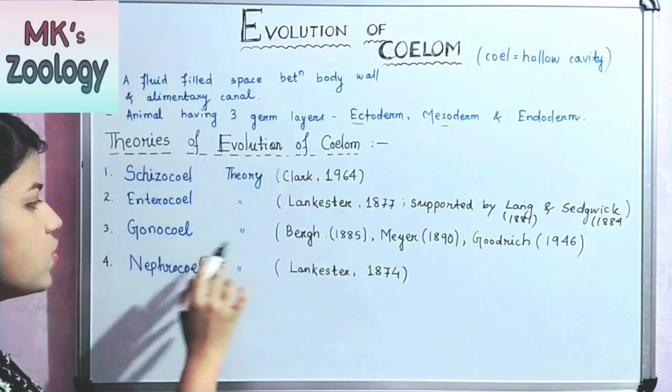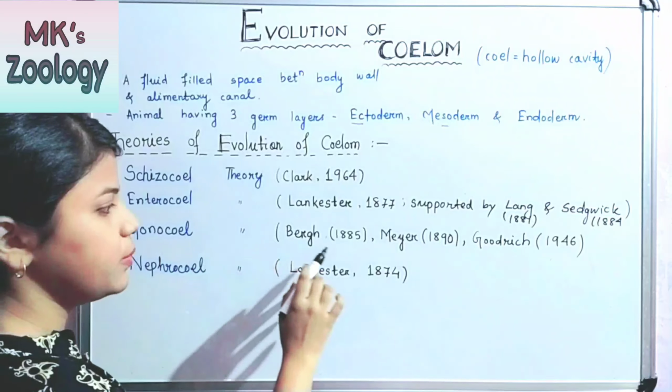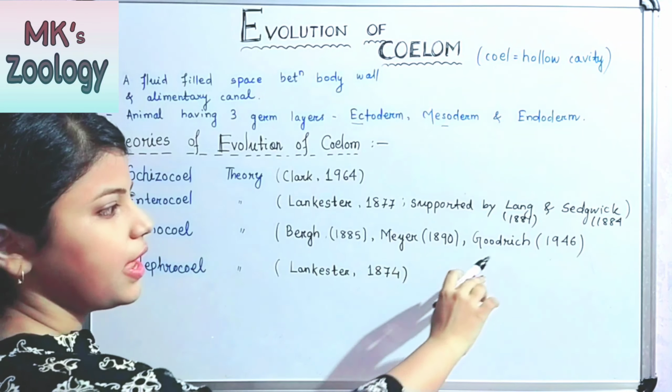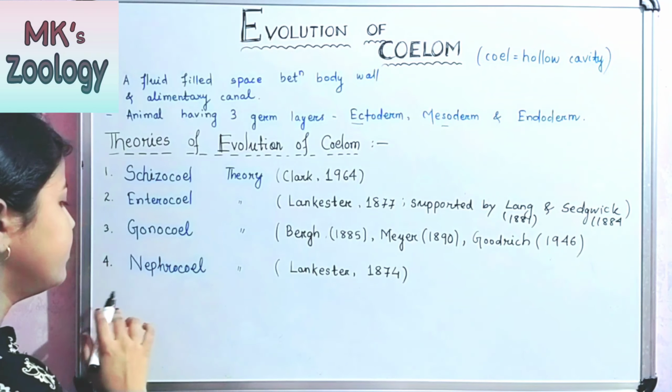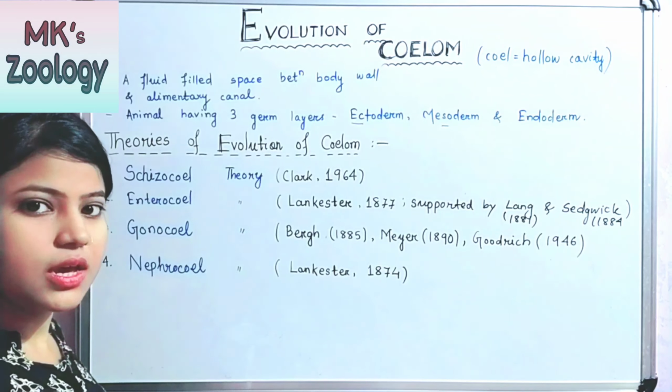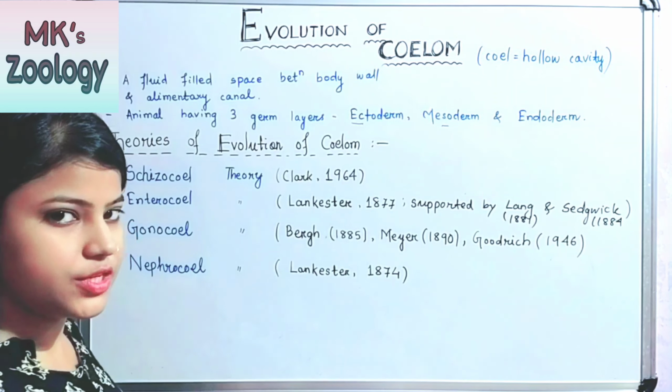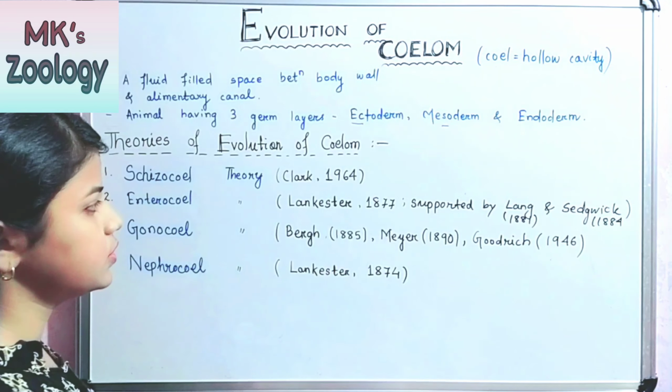Then the third one, gonocoel theory, is proposed by Berg in 1885 and supported by Mayer and Goodrich. Then the fourth one, nephrocoel theory, was proposed by Lankester in 1874. So these are the four theories.